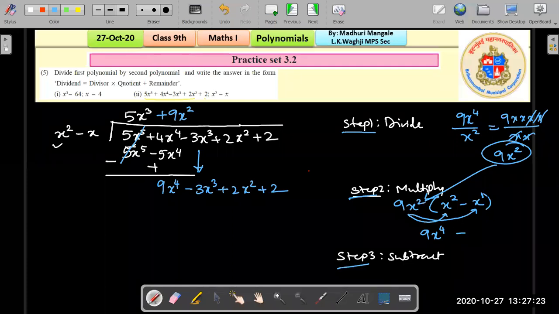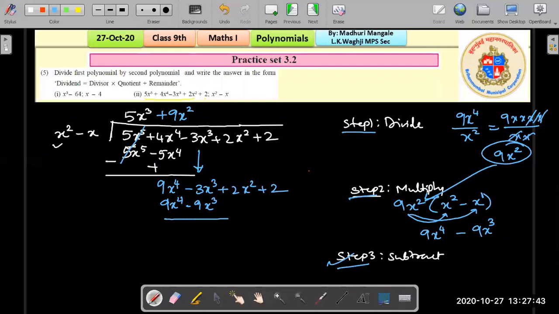So adding 2 plus 1, that will make it 3. That is 9x cubed. And where do we write this expression? At the bottom. So this will be 9x raised to 4 minus 9x cubed. Okay, and then the third step, we subtract.